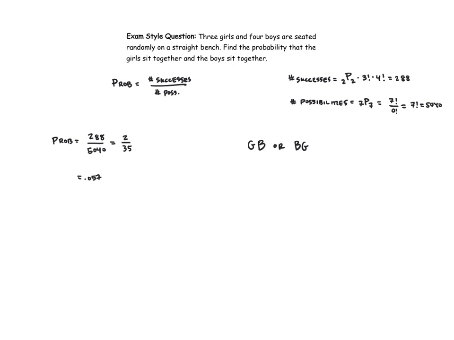Oops, that would be 4 sig figs. There you go. That's the probability that if we have 7 kids, 3 girls and 4 boys, sit on a straight bench, they would be seated as girls on one side and boys on the other.